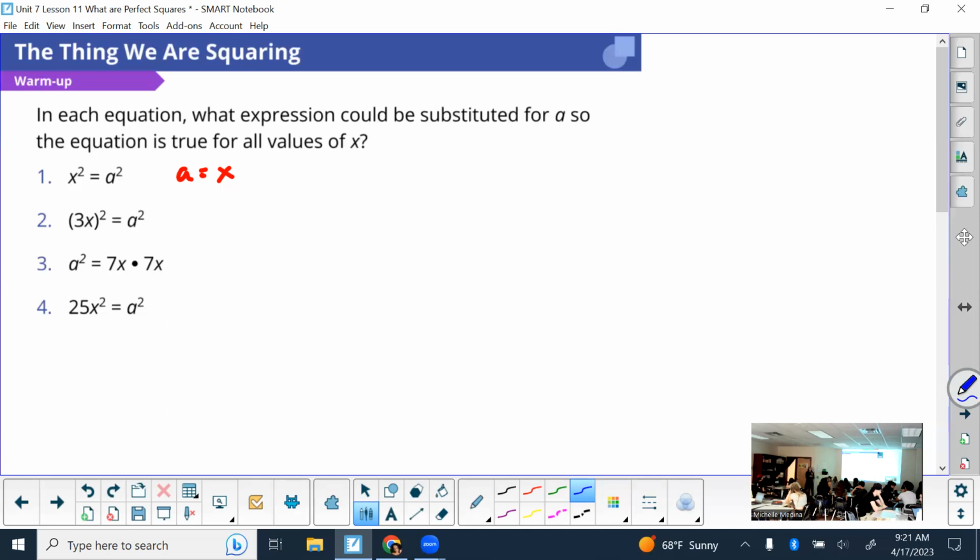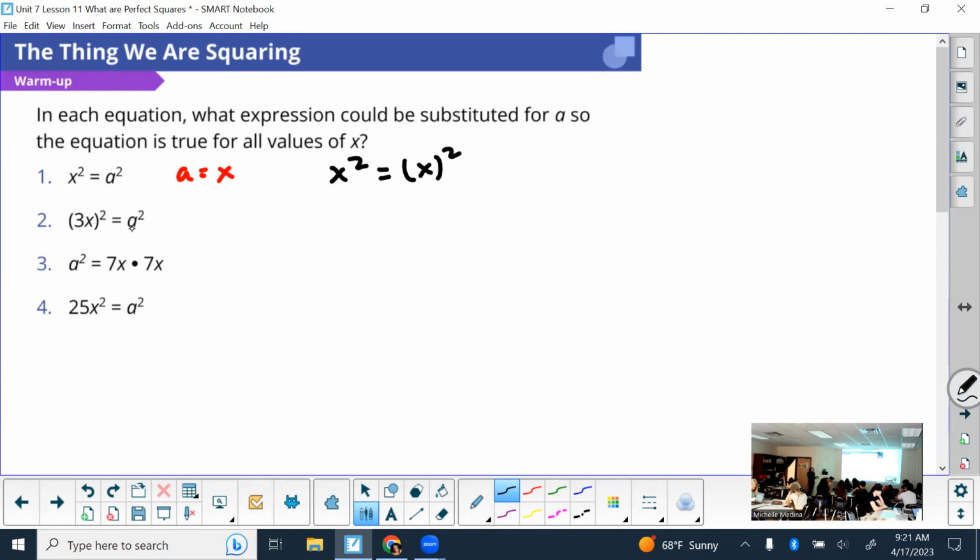Parentheses. Good. So like if I'm substituting in for number 1, if I'm substituting in X for the A, then it would look something like this. Which isn't that still saying the same thing? So let's see, number 2, let me ask you again.